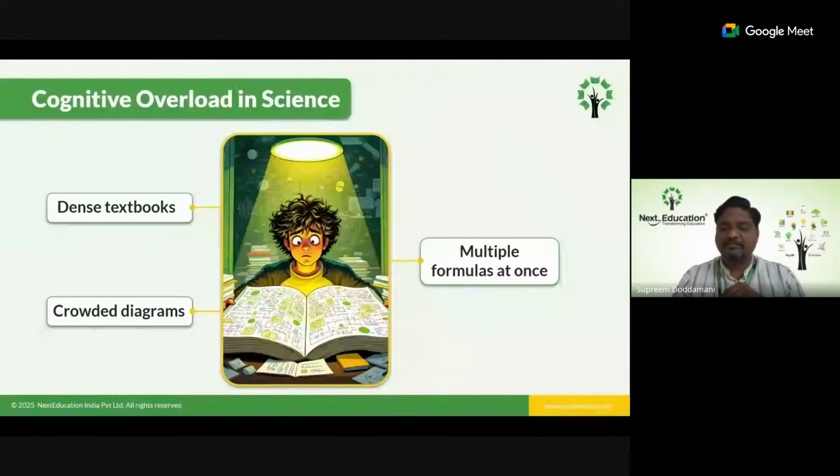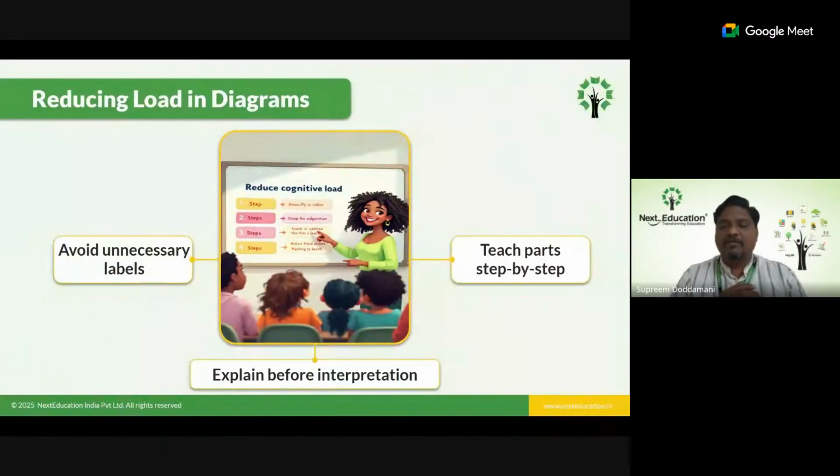Next, related to diagrams, what we are supposed to do with the diagrams. If you see, many of the diagrams have unnecessary labelings, and the diagram may be a smaller one or a bigger one, and the teacher all of a sudden, instead of having a proper flow of explanation about the labeling of the diagram, will just randomly pick a label and start explaining.